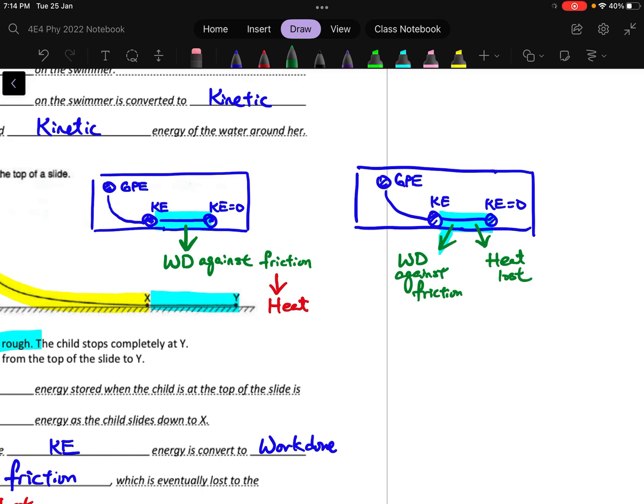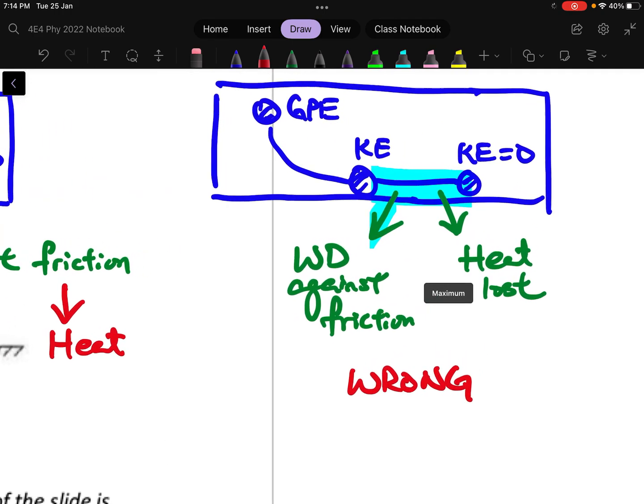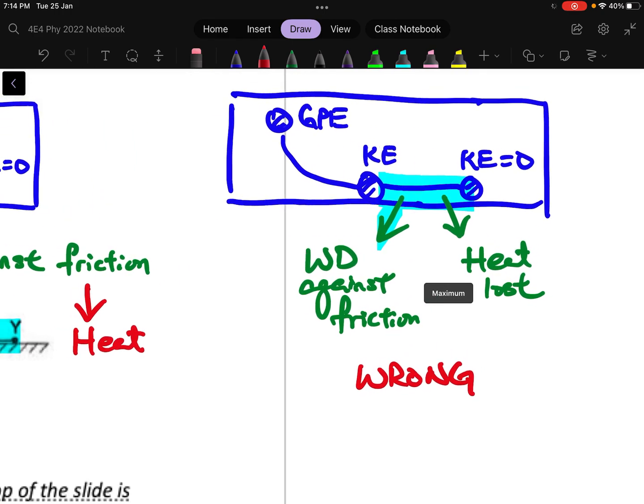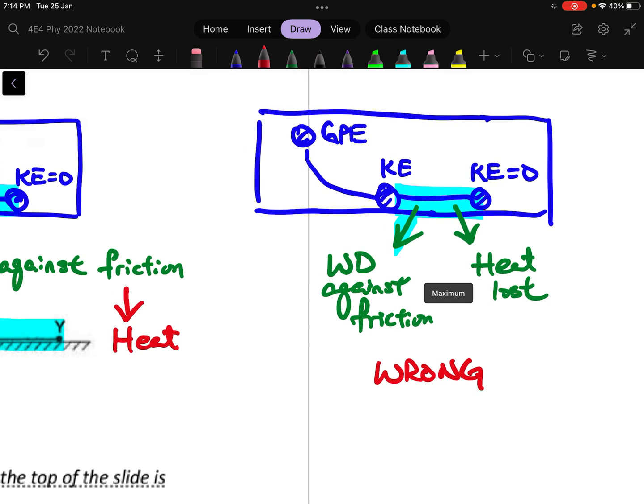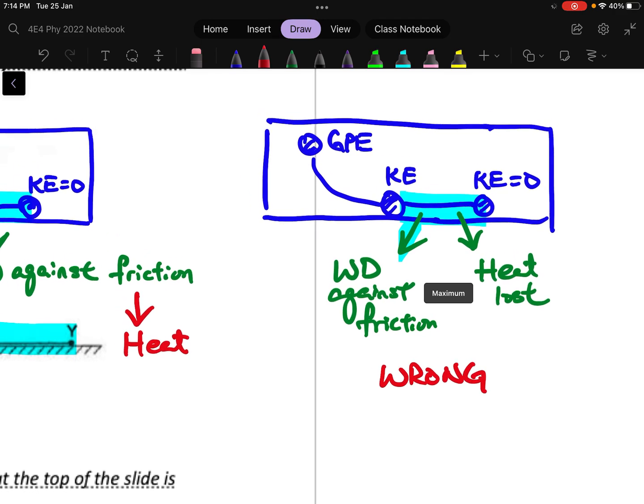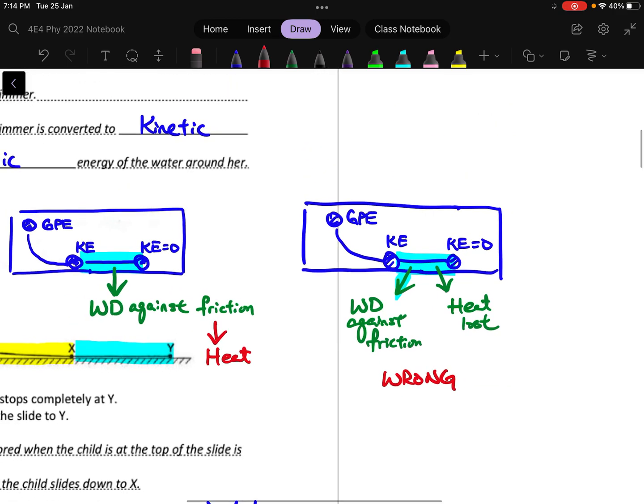Now this is wrong. Okay, this is wrong, because your heat loss, sound energy loss are all part of the work done against friction family. Before you can have heat, you must have energy loss due to friction first. Without friction, how can you generate the heat?